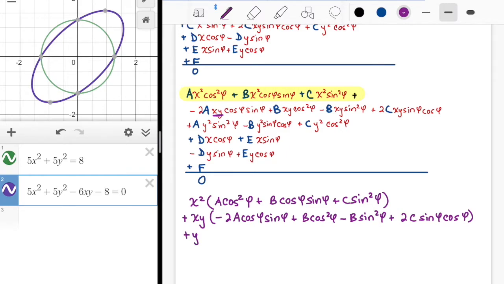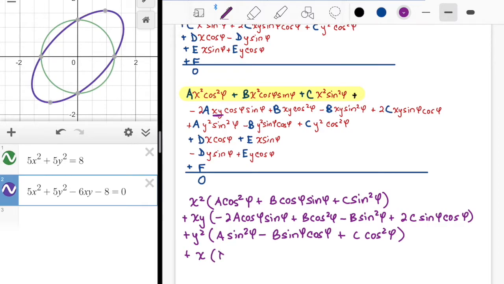All right. Then the next one, we're going to pull out a y squared. So we're going to have a sine squared phi minus b sine phi cosine phi plus c cosine squared of phi.